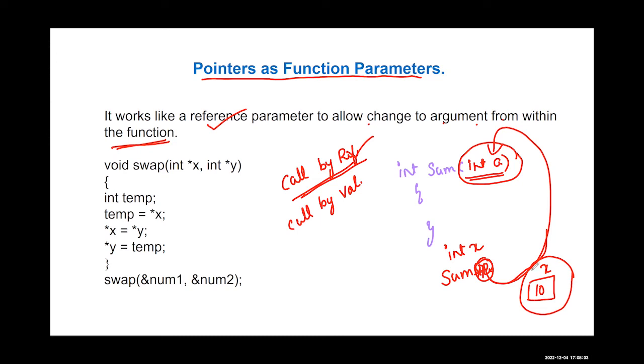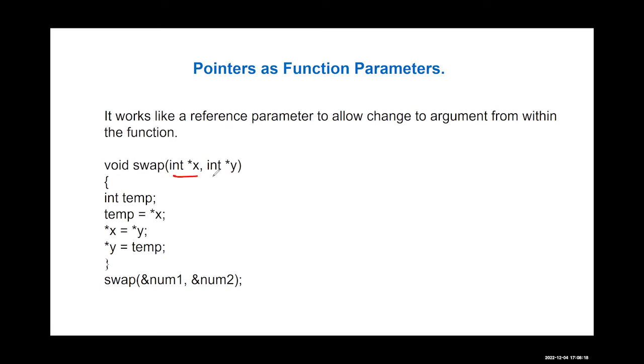For as of now, you understand that pointers as function parameters is nothing but, as you can see here, I am using a pointer variable as a parameter. I am passing pointers as a parameter, right? So let us see this program. I am passing the pointers to swap the value.